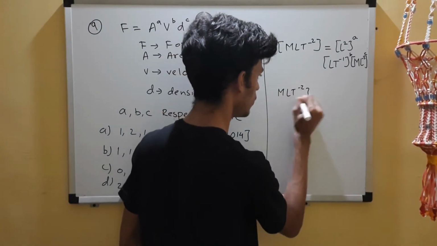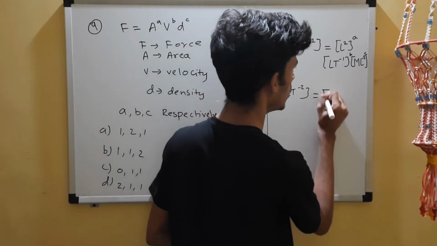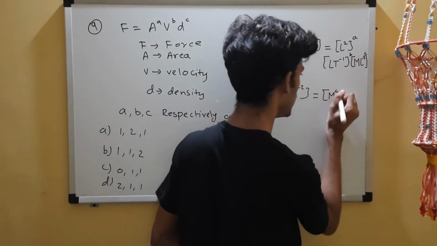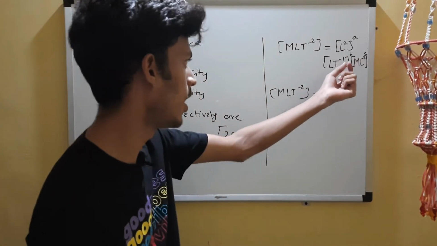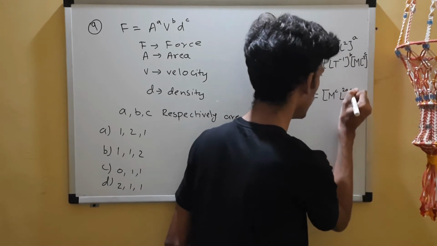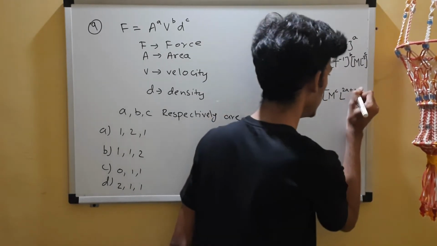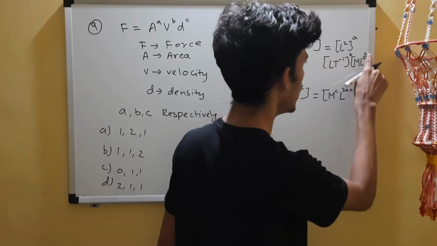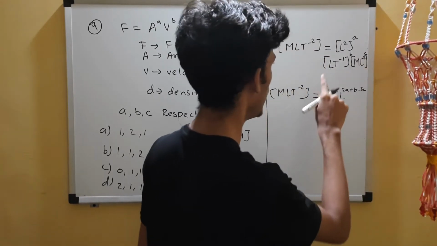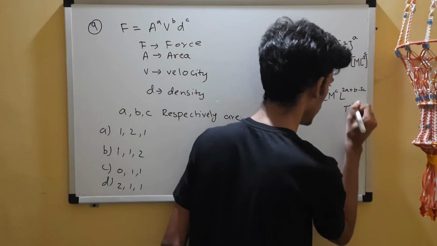MLT to the power minus 2. So first, M to the power c, L to the power 2a plus b minus 3c, and T to the power minus b.